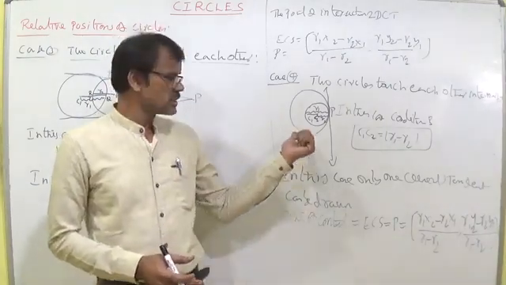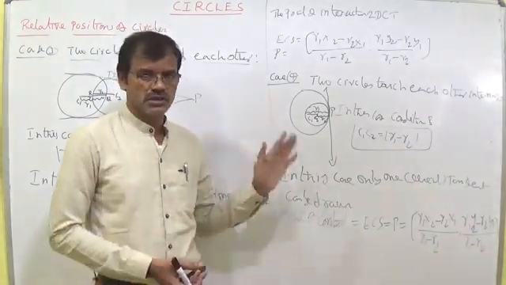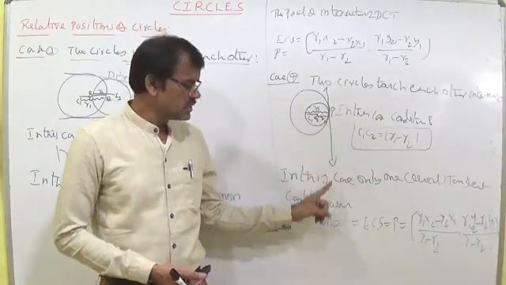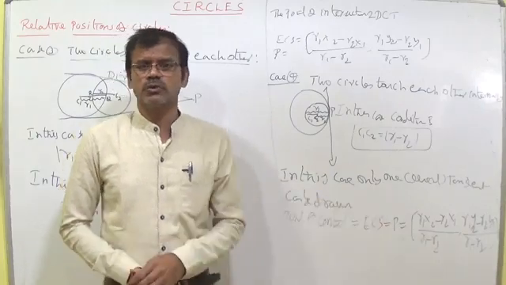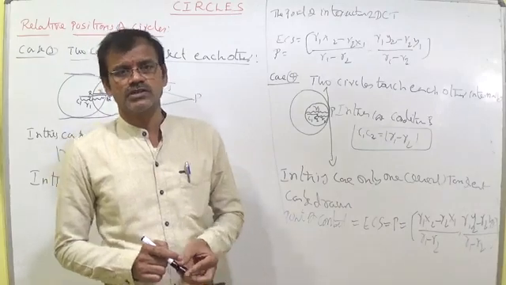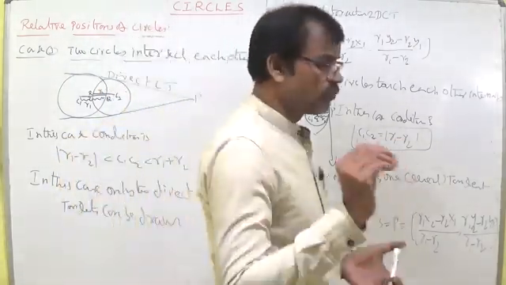If two circles touch each other internally, then you should calculate the point of contact as ECS, because the point of contact lies outside of the two circles. ECS formula: (R1 X2 minus R2 X1) by (R1 minus R2), (R1 Y2 minus R2 Y1) by (R1 minus R2). While ICS formula: (R1 X2 plus R2 X1) by (R1 plus R2) and (R1 Y2 plus R2 Y1) by (R1 plus R2).